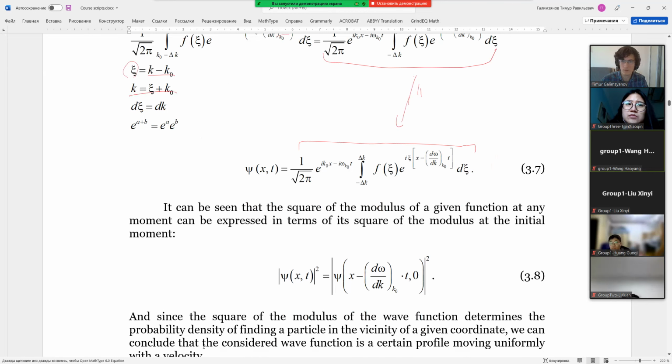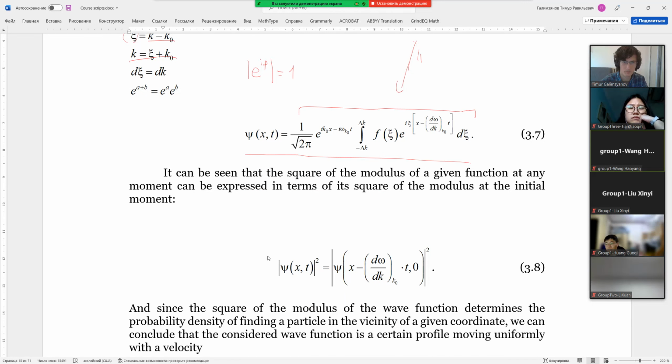Let's look at this function. We can find the absolute value of this function. If you're familiar with complex numbers, the absolute value of e to the i phi, where phi is a real number, equals 1. That is why if we try to find the absolute value of this function, it equals 1 over the square root of 2 pi.